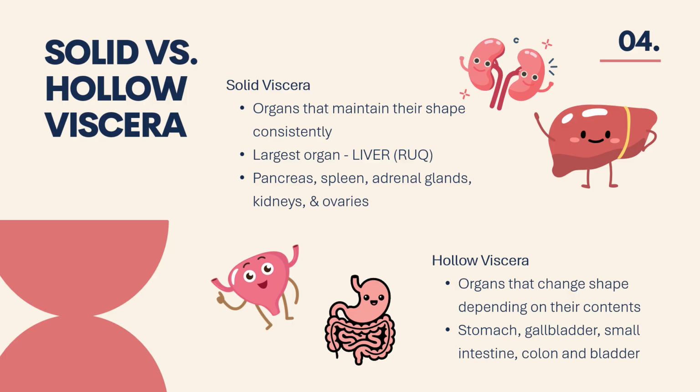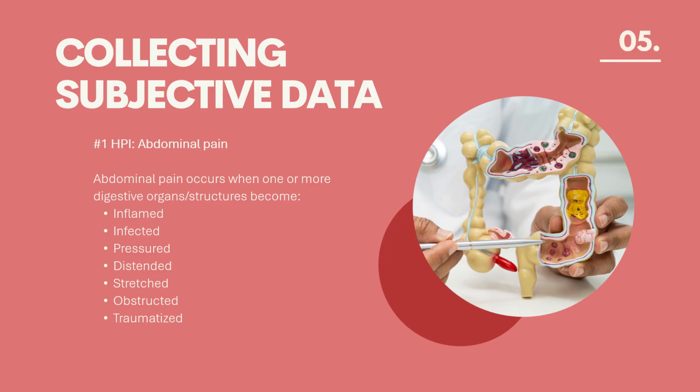Now, if for some reason an organ becomes perforated, that's a hollow viscera. This would be a sudden severe pain due to any leakage that goes into the peritoneum. So examples of some hollow viscera, this can be your stomach, your gallbladder, small intestine, large intestine, colon, the bladder, and the uterus. When non-pregnant, it is a hollow viscera.